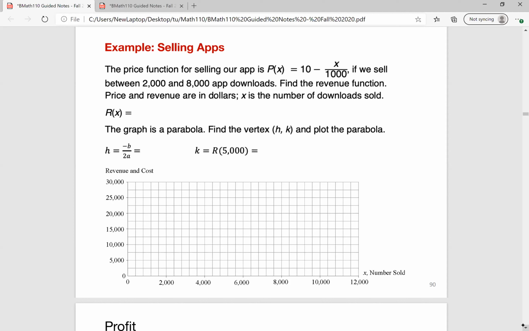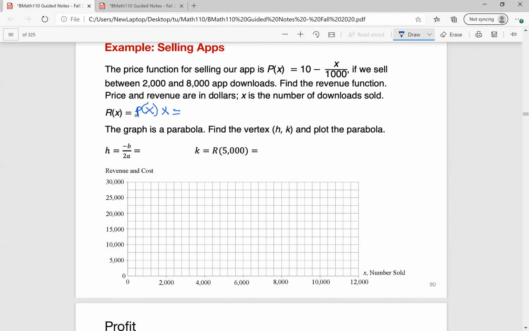Firstly, in order to find the revenue, you need to follow the formula P of x times x. P of x is based on this formula, so you have 10 minus x over 1,000, times x.